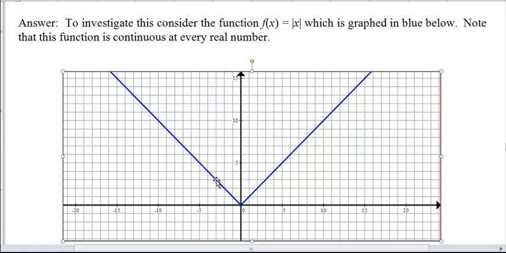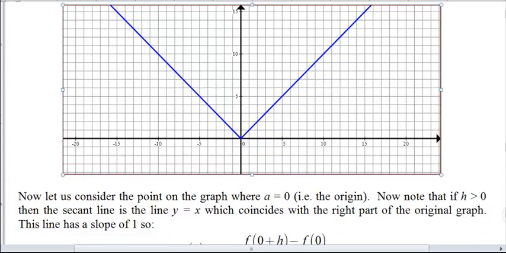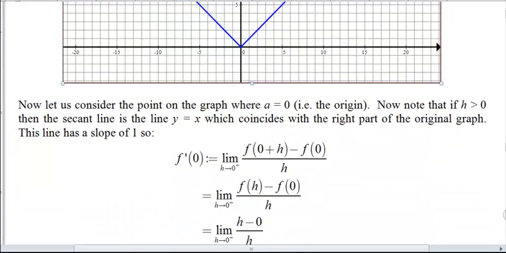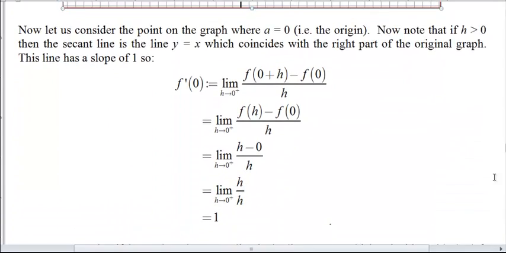On the other hand, if we take a point on the left side and take it along with the origin, that gets this line here, which has a slope of -1, and let h approach 0 from the left side, all those slopes are -1.